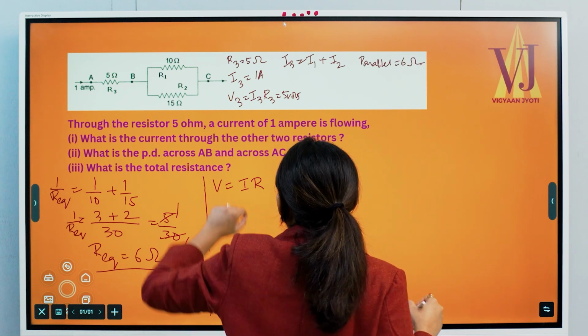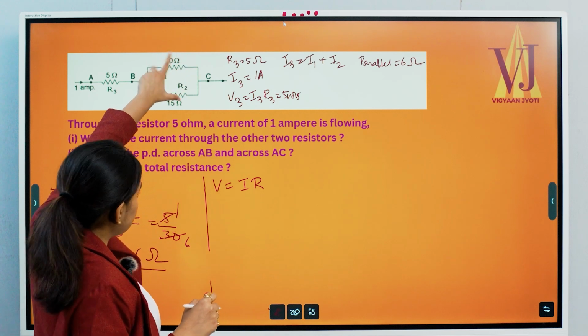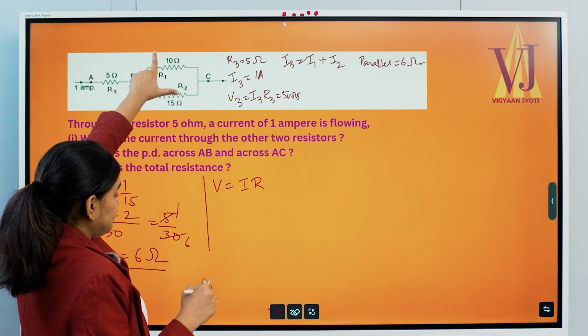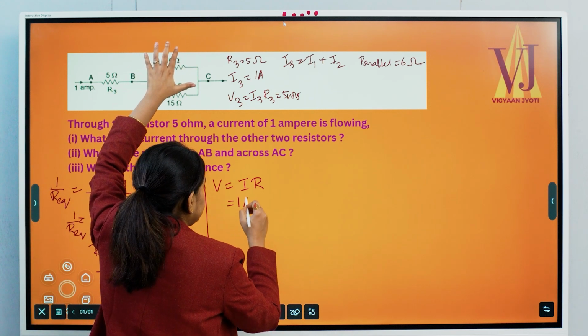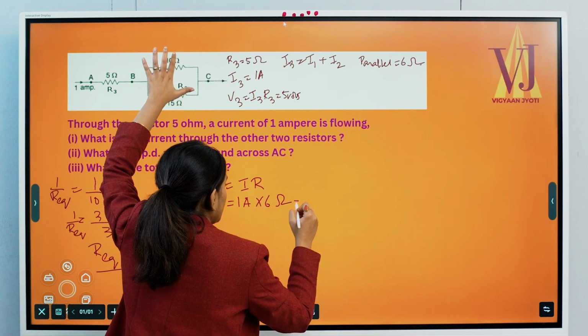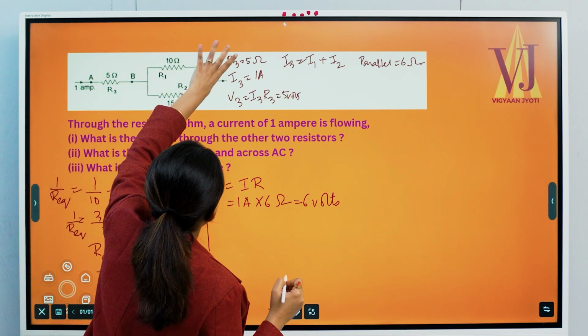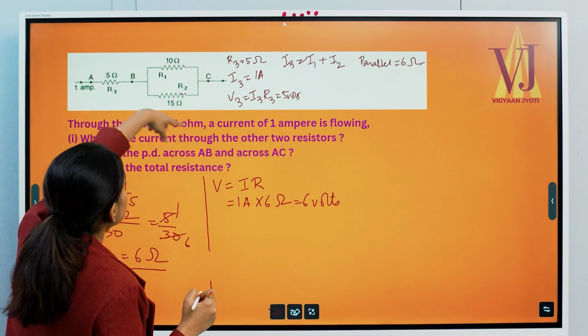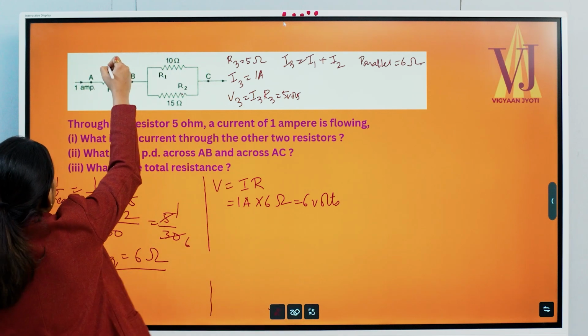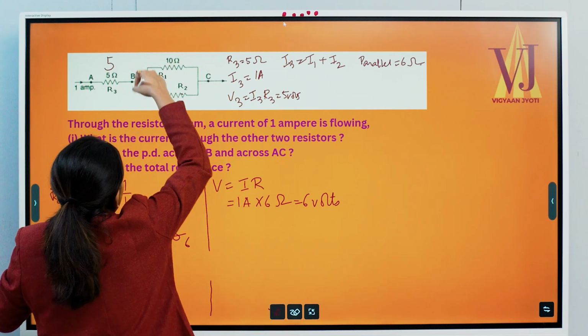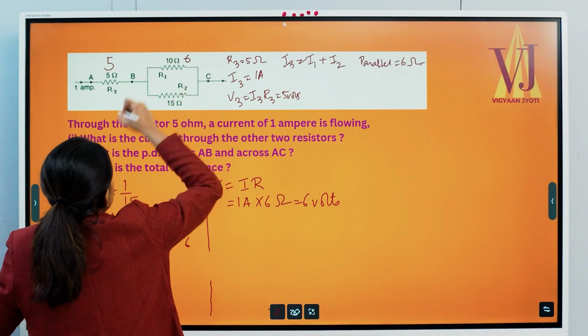That means for this circuit my overall resistance is 6 ohm and the current is 1, so my voltage will be 6 volts. Here the voltage across the series resistor is 5 volts, and in the parallel part it is 6 volts.